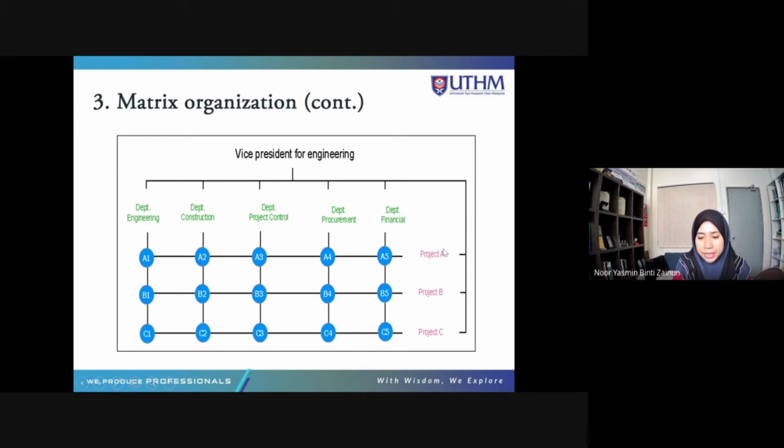And project manager in project A need to have approval for each function ni juga, department ni. Okay, contoh financial, dia kena dapat approve daripada financial department to proceed with the financial for project A. Dia kena dapat approve dari department engineering to proceed with the engineering work for project A. So task project manager tu.